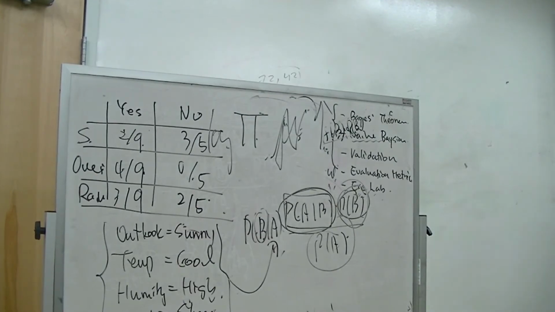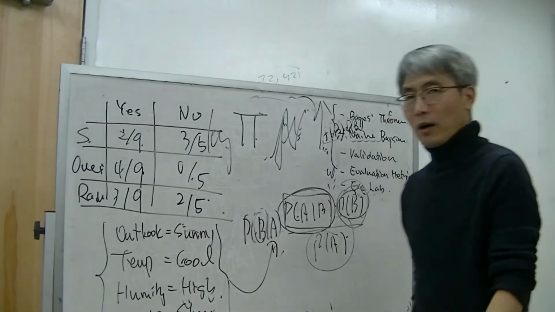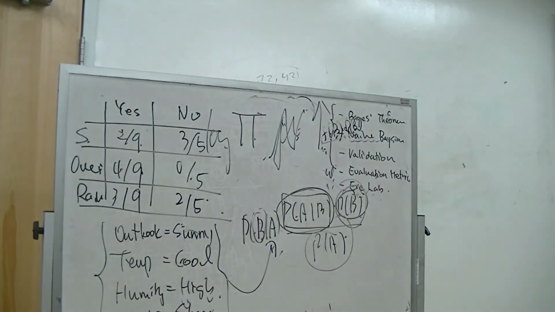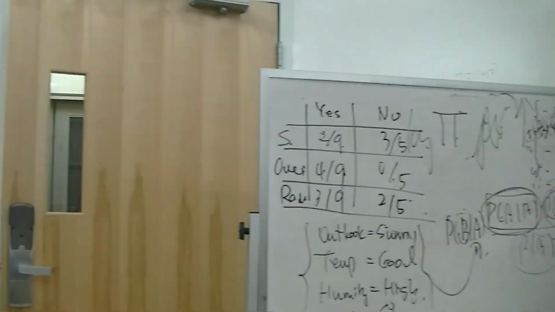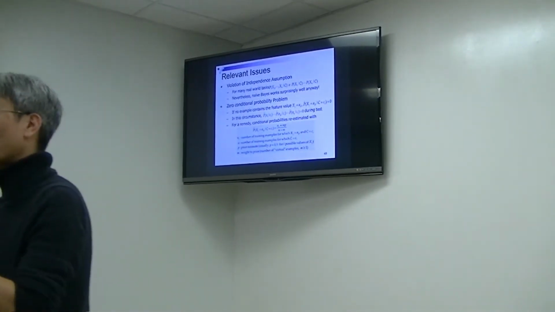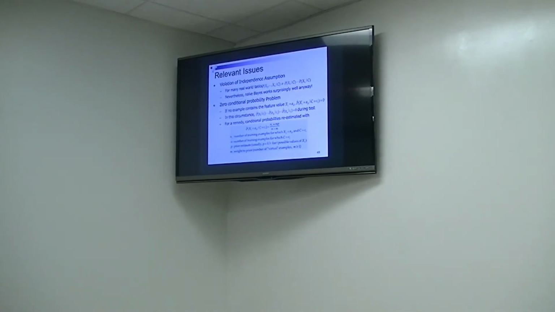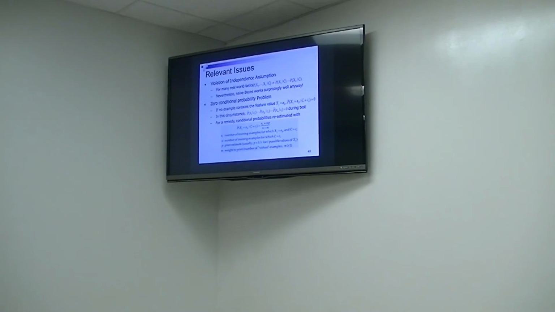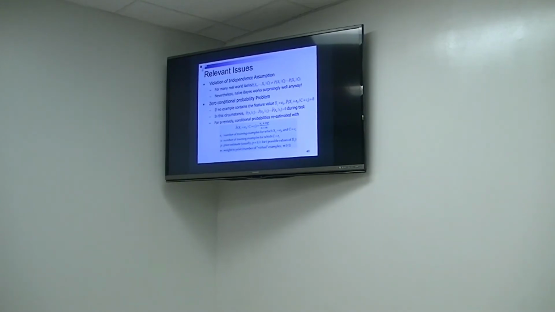There are two main problems of using naive Bayes. As you can imagine, is the independence true? It's not. That is correct, but many examples show that even though we assume independence, it works for classification.